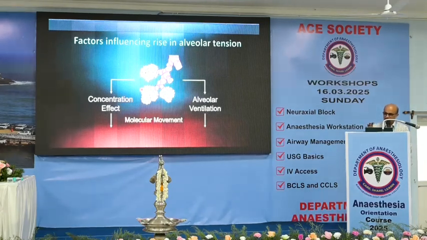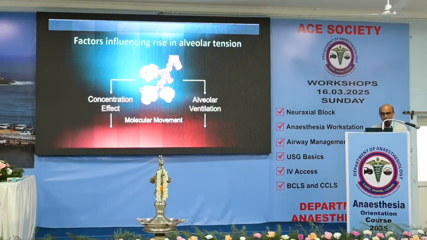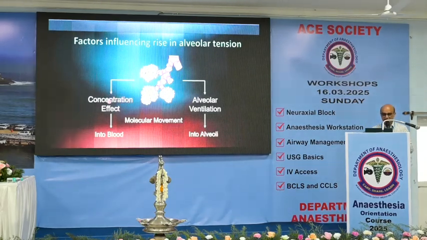The concentration gradient is determined by the molecular movements across the pressure gradient between the alveolus and the blood. This will determine how much of it goes into the blood, and the alveolar ventilation will determine how much of it reaches the alveoli. These are the two important factors: the concentration effect and the alveolar ventilation.